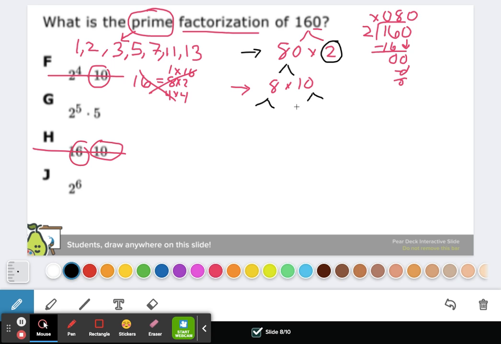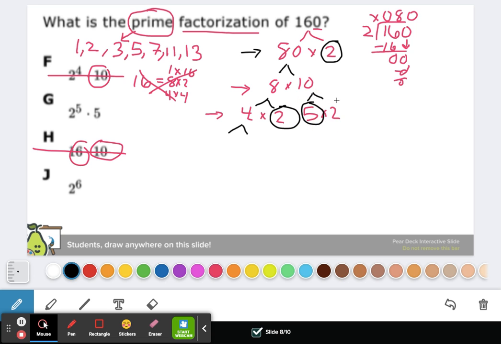Okay. And then on this side, I'm going to have my 5 times 2. And on this side, I'm going to have 4 times 2. Now in this line, I need to look at all the numbers and see which one is prime. 4 is not prime, so I can continue that. 2 is prime, so I can circle it.